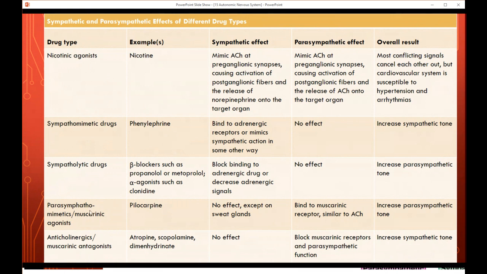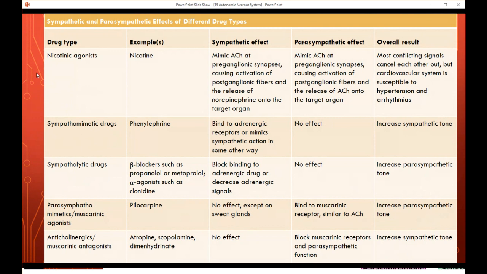For the parasympathetic mimetic drugs, that is going to increase our parasympathetic tone. Sympatholytic drugs, which would be like beta blockers, you may have heard of those, increase our parasympathetic tone, so that means that they decrease our heart rate. These would decrease our heart rate, whereas these would increase our heart rate.